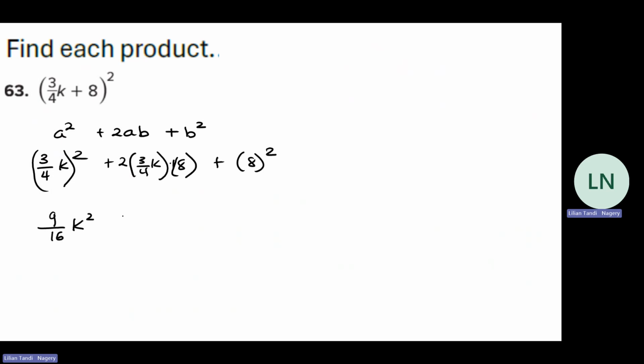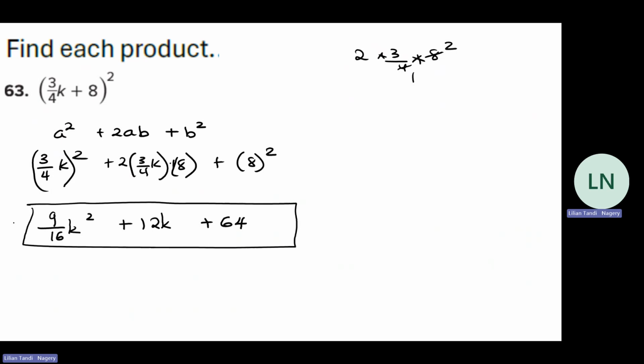This becomes 2 times 3/4 times 8. 4 goes here once, 4 goes here 2 times. 6 times 2 is 12, plus 12k plus 64. It is small k, it's not big K. Okay? And you box your answer.